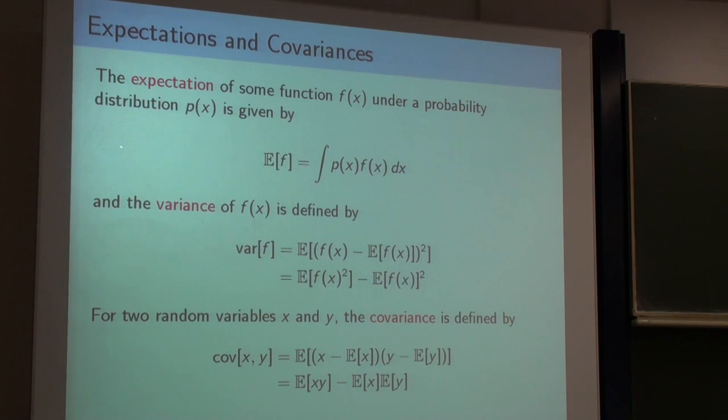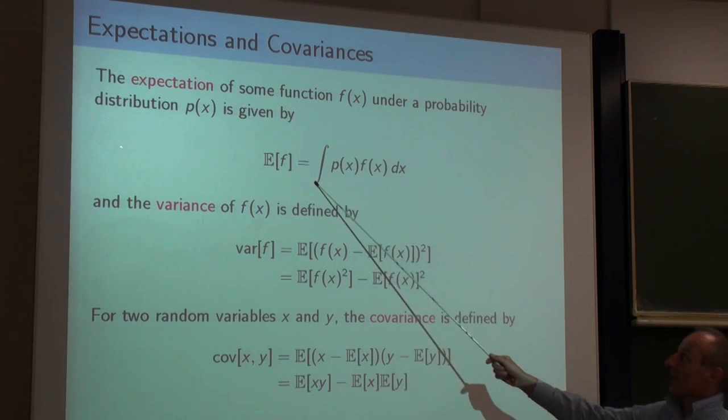Okay, some more nice formulas about expectations and covariances, and I think we will need all these formulas. This is basically the definition of the expected value of some function of our variable x.